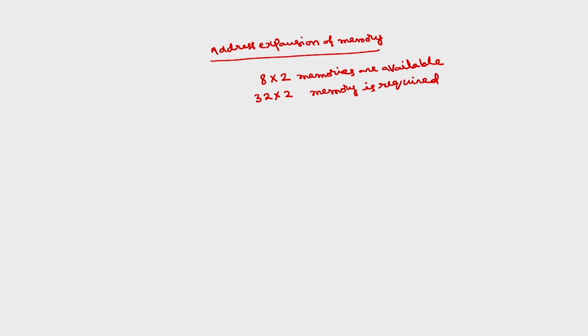How many such 8 by 2 memories are required is the first question, and the second question is how to interconnect these 8 by 2 memories to make a 32 by 2 memory. So, first you draw the block diagrams of both.